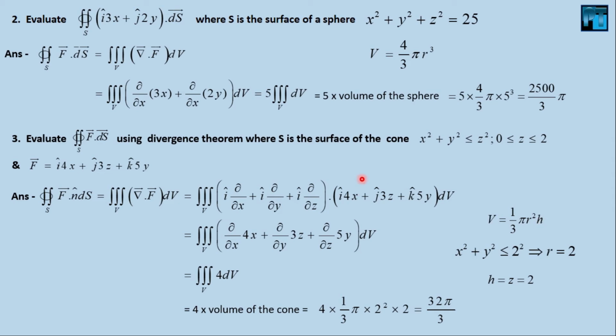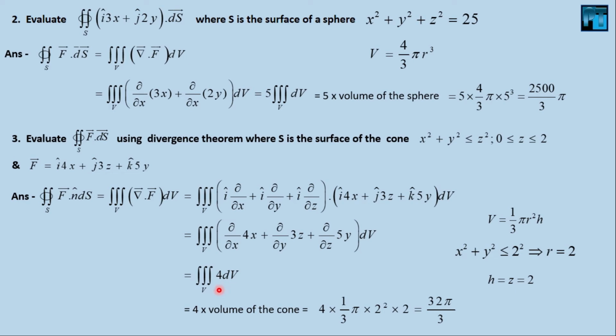Watch carefully these two particular problems. In these two problems, we are left with the volume of the given closed surface. Now see, this is a sphere, this is a cone. These are the specified geometrical shaped volumes.